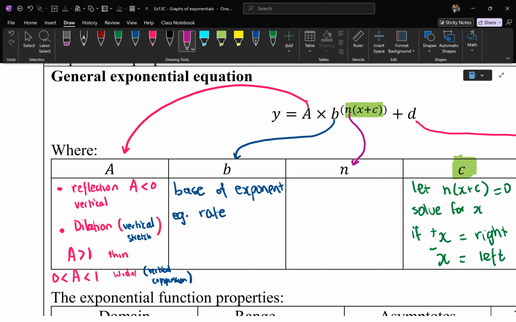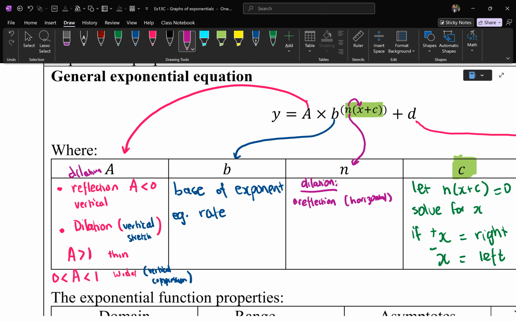N is the number that's multiplied to x. So again, it is a dilation. Same thing again, it's a dilation. That's the name for it. This is a dilation as well. So it's a stretch. But different this time, because you're affecting the x coordinates, this is called a reflection, but horizontal.